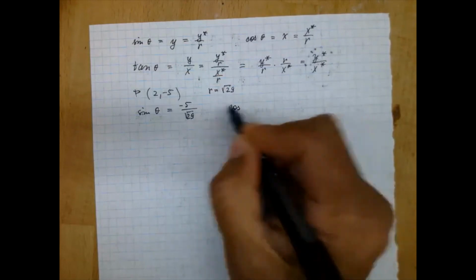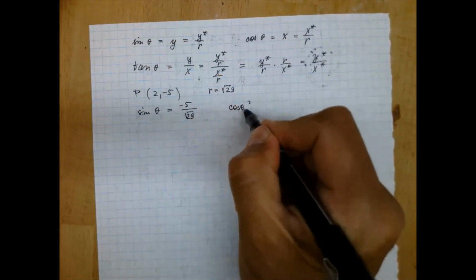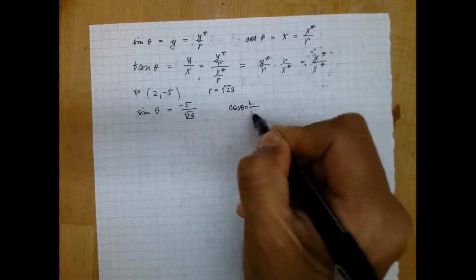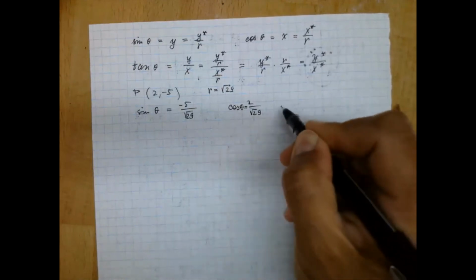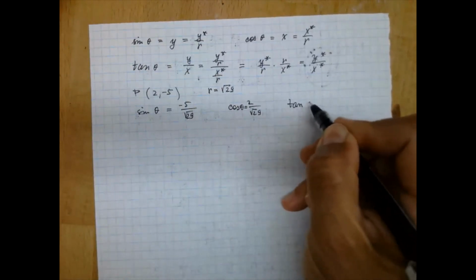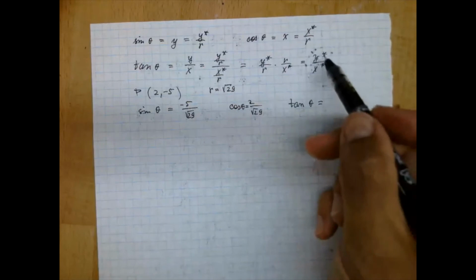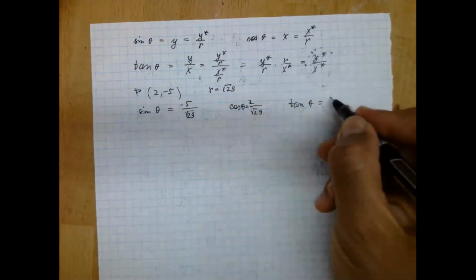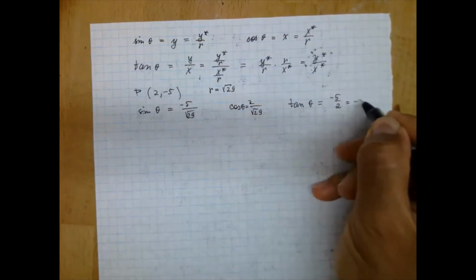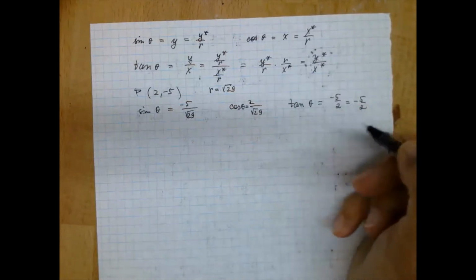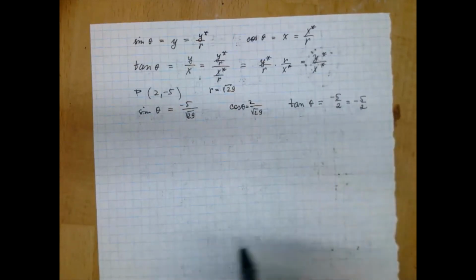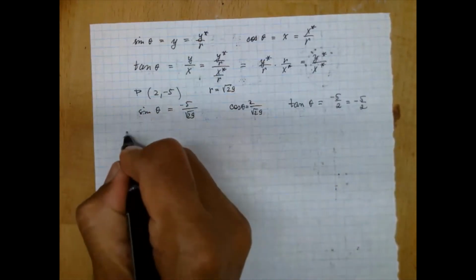Cosine is x, what is x? 2, over square root of 29. And tangent is what? Well, basically y over x, with stars, which is minus 5 over 2.